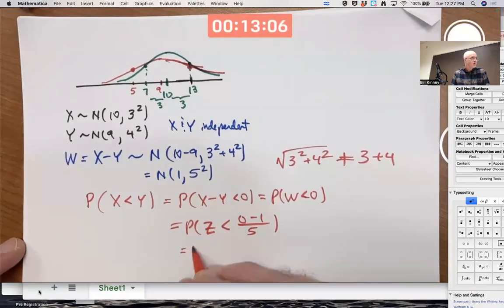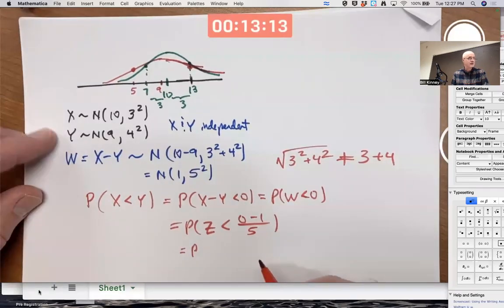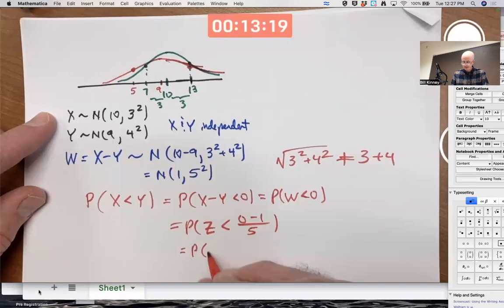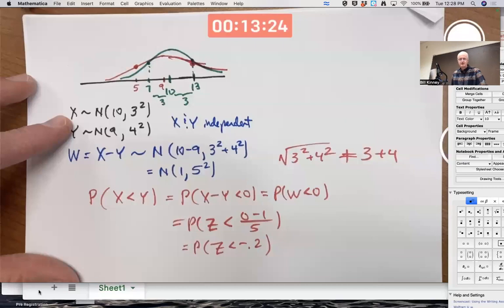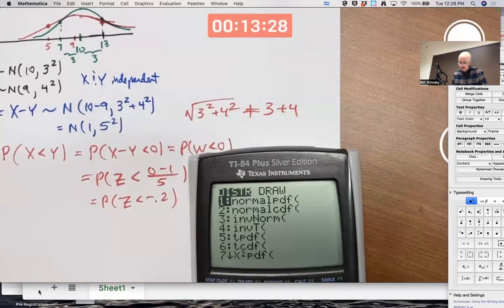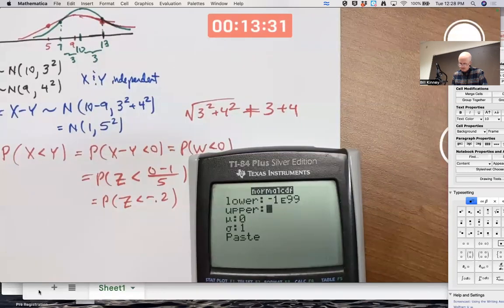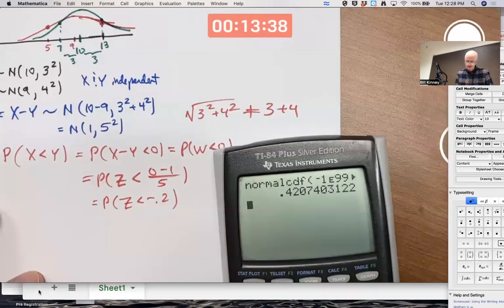You're going to get a little less than 0.5, as you would expect, because on average, Y is smaller than X. B runs faster than A. Looks like we get that. Let's just use the calculator here now. About 0.4207.